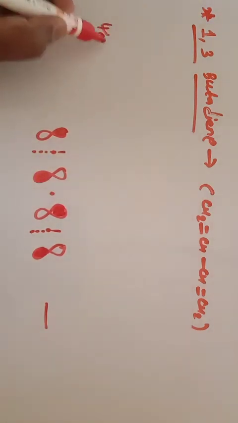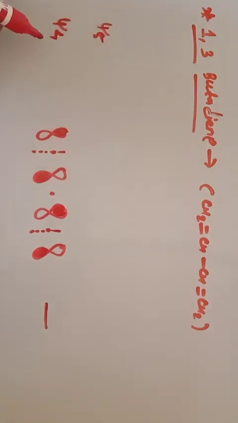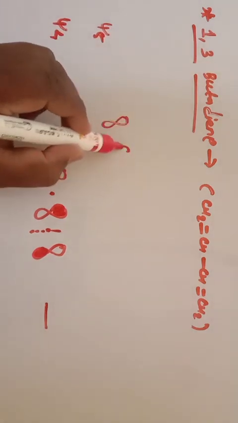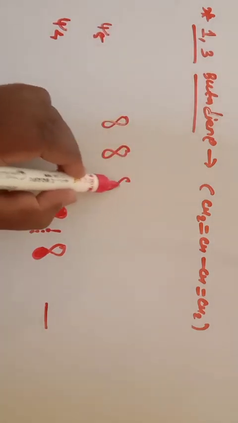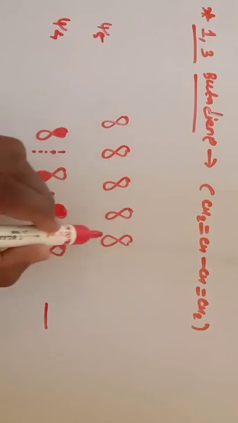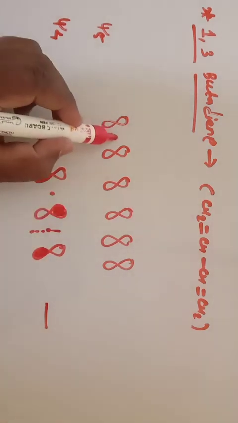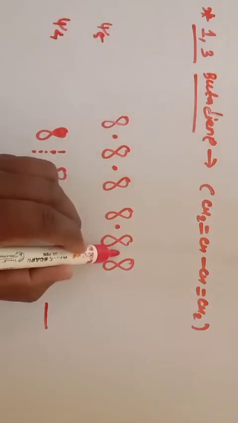Then psi5. If you consider this is your psi4, then psi5 should have 4 nodes. So how can we write 4 nodes? Let's discuss. Total 4 nodes should be there. We can easily show 4 nodes like this. This is one node, second, third and fourth.